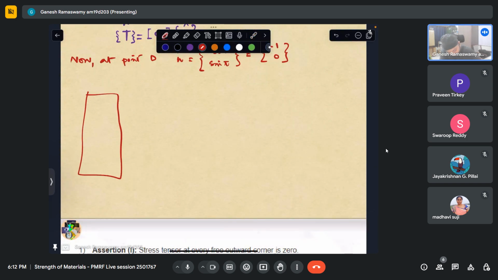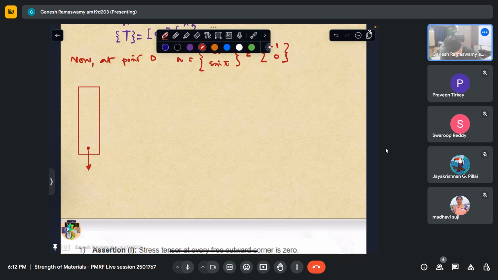So that much I know. So let this be pulled by some F. So at any point in this region, sigma xx is 0, tau xy is 0, sigma yy is F by A, and it is tensile in nature, so it is positive.